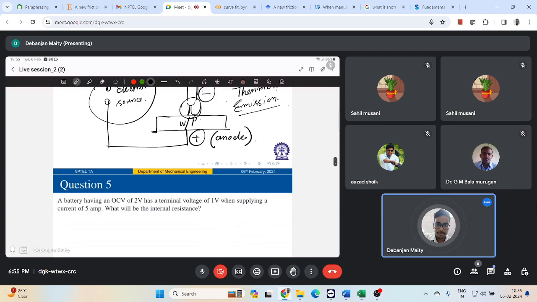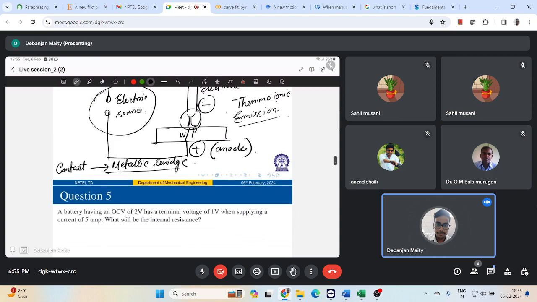Whenever you provide that contact you are creating a metallic bridge, and when you remove the electrode, this bridge gets disconnected and the current density rises to such a high value that it can start boiling. Under such conditions, electrons come out of both surfaces by the process called thermionic emission.